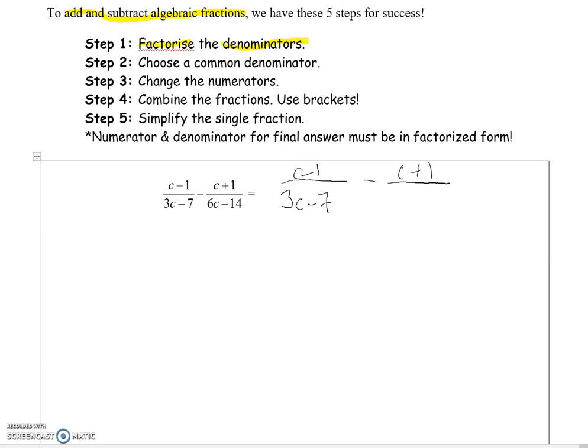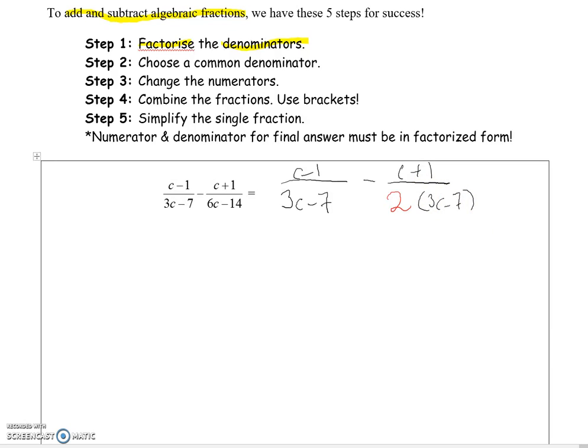For the second fraction, we factorize the denominator by taking out common factor 2 and rewriting the remaining factor as a product. So we have 6c minus 14 equals 2 multiplied by 3c minus 7.